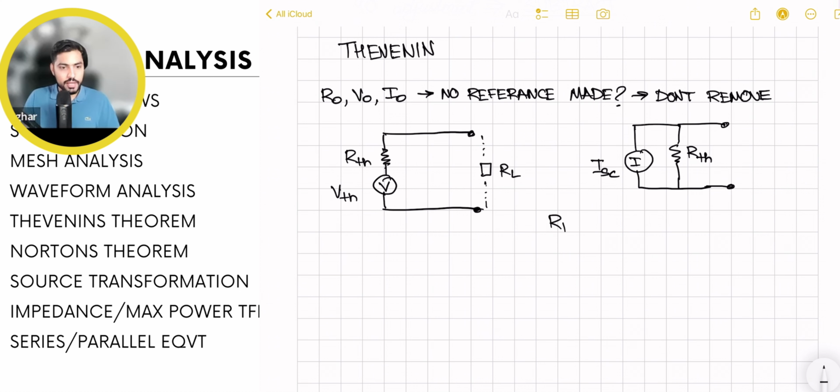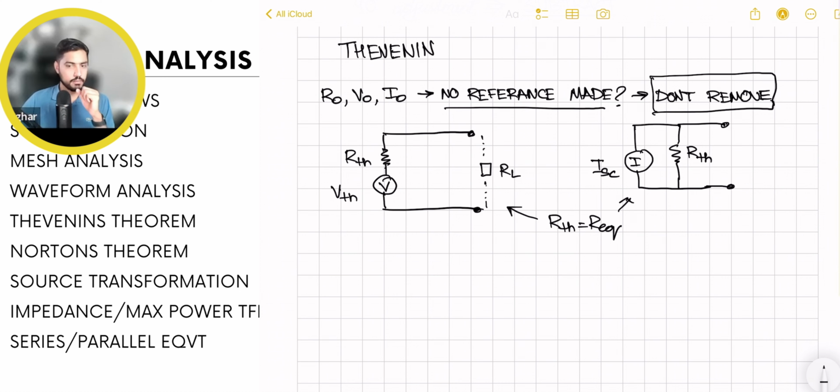So when we're dealing with Thevenin and Norton, the calculation of R Thevenin, the calculation of R equivalent, is always the same. There's never a difference between R Thevenin and R equivalent calculation. What we need to be careful about is whether we need to take any resistor out of the circuit or not.